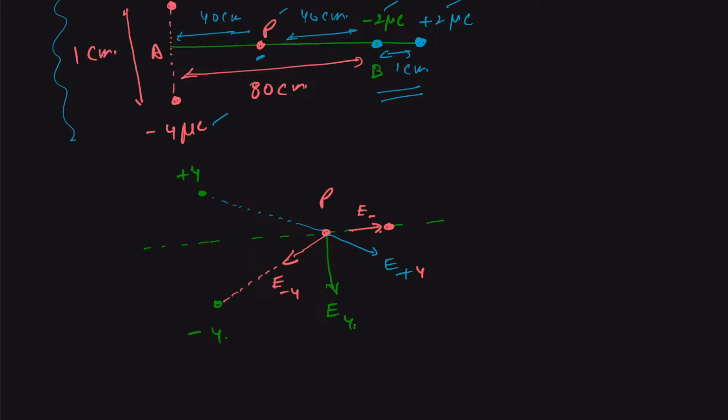This will be -2, E -2, and then we have our charge of +2 somewhere here, and the electric field will be once again in this direction. Therefore, the net electric field because of both of these will be E +2. This electric field we are going to get in the same direction, that is E2.